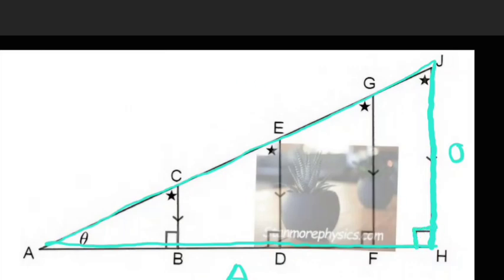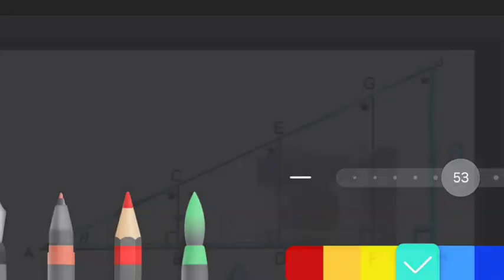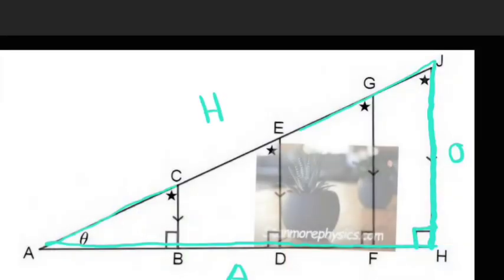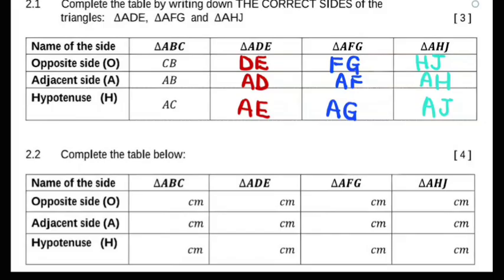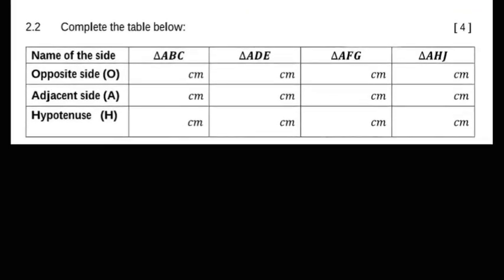Opposite that is this entire slanted line, that is AJ. That would be our hypotenuse. Let's fill that in on the diagram. Okay, so filling that in on the table given, this is what we have. We can now go on to 2.2.